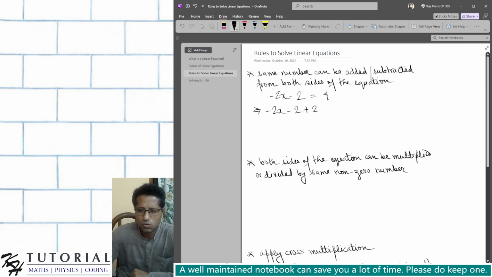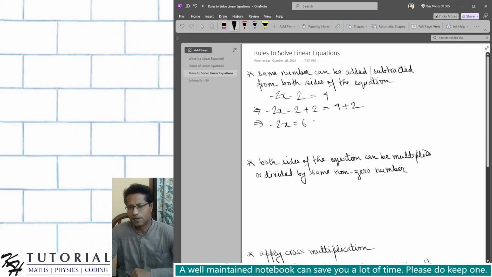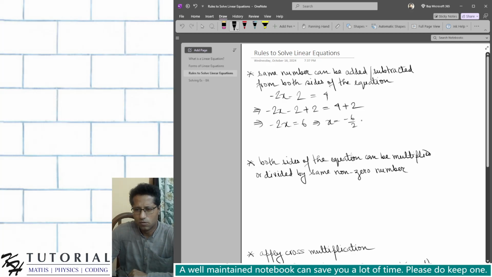On the left hand side, 2 and minus 2 cancel out and I get minus 2x equals 6. Now from here I can say that x is equal to minus 6 by 2, that is minus 3.